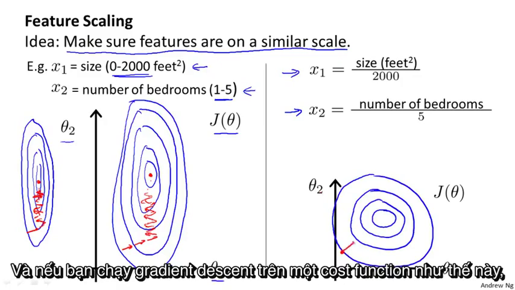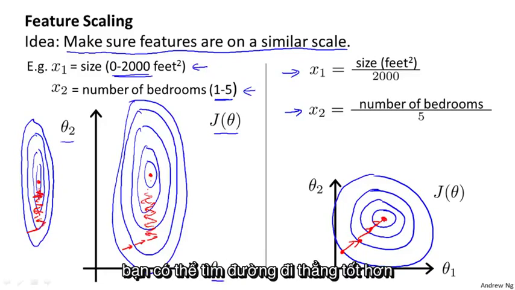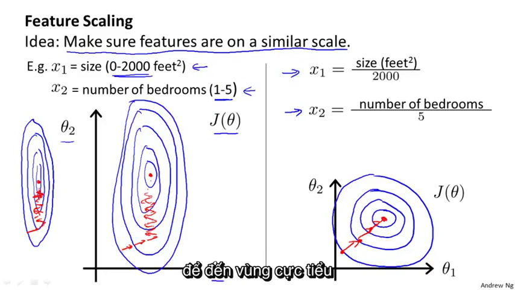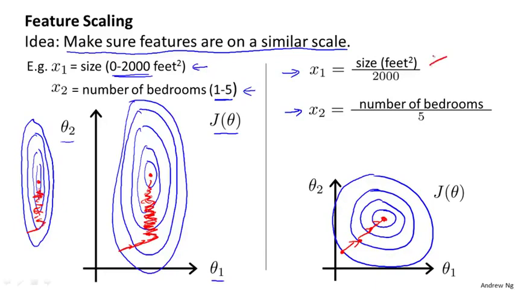If you run gradient descent on a cost function like this, you can show mathematically that gradient descent can find a much more direct path to the global minimum, rather than taking a convoluted path following a complicated trajectory.